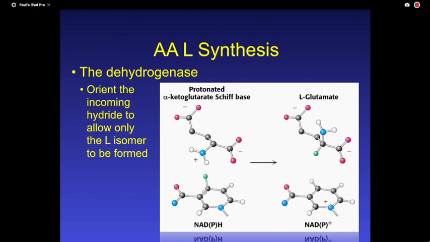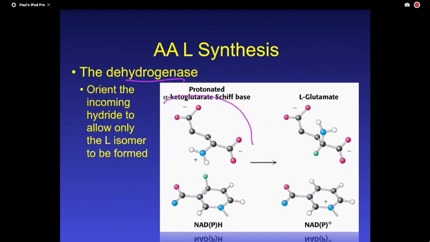And what we find in the human body is only the L versions of the amino acids. The reason why we have the L version is because all of the amino acids are synthesized with the dehydrogenase.